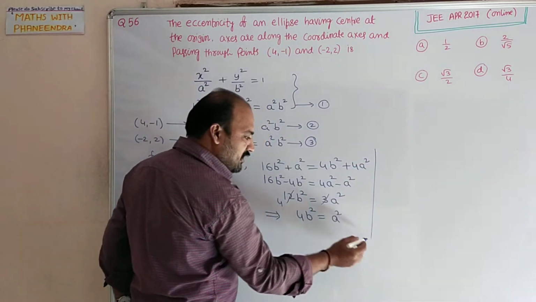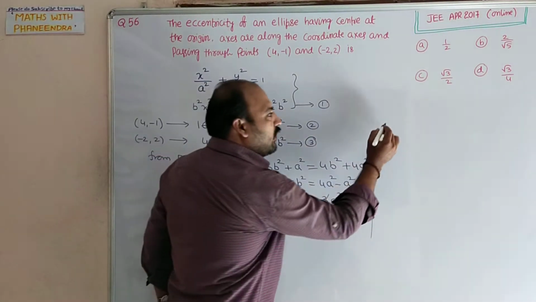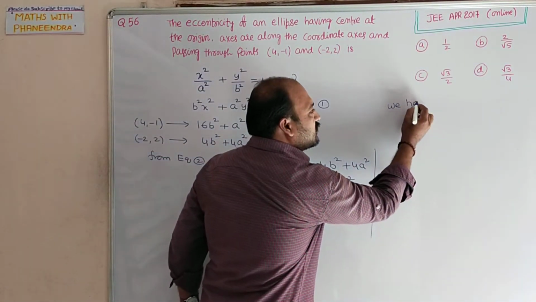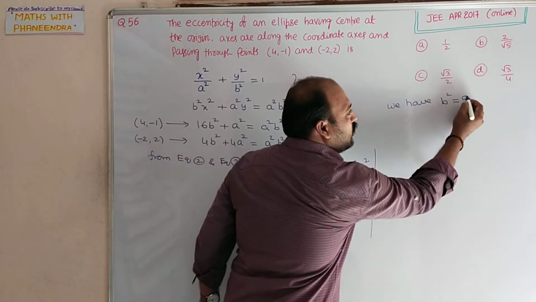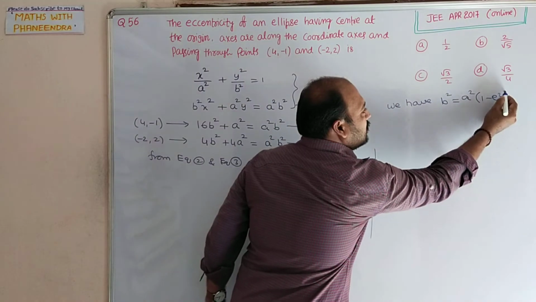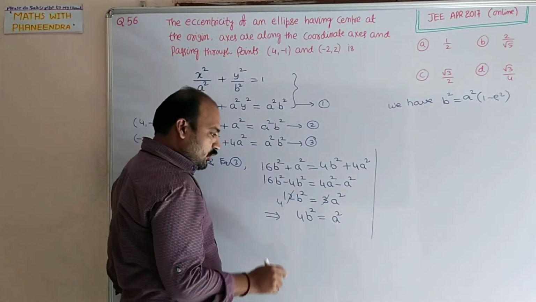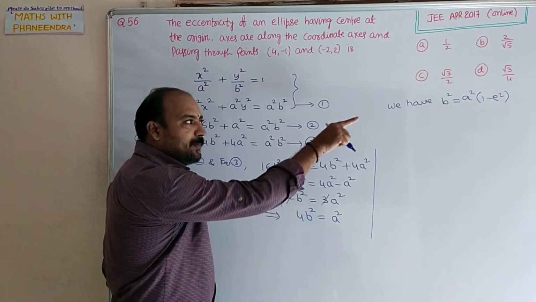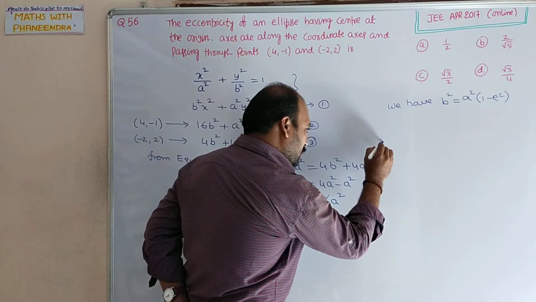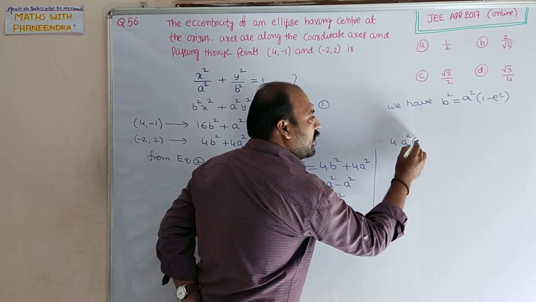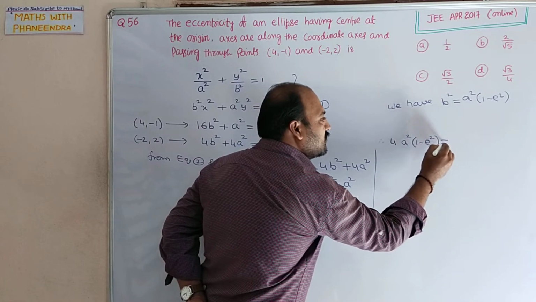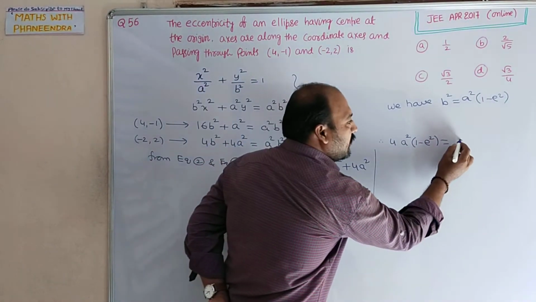After completing this step, we have b square is equal to a square into 1 minus e square, the formula. Wherever b square is there, replace it with this value. Therefore it becomes 4 times a square into 1 minus e square, which is equal to a square.